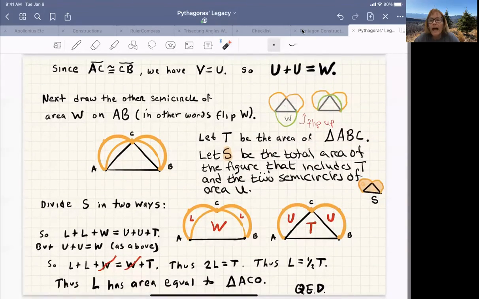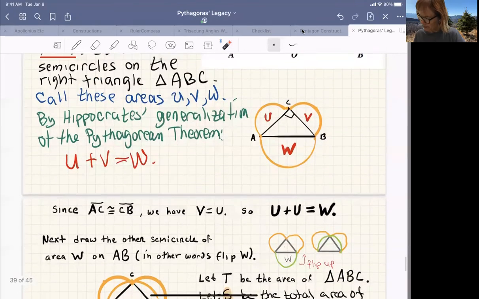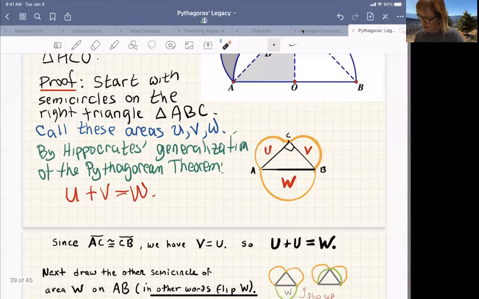So now let's look at the rest of the proof. I want to be able to see this little drawing. Since this is an isosceles triangle, this length and this length are the same. So segment AC is congruent to segment CB, meaning they have the same length.